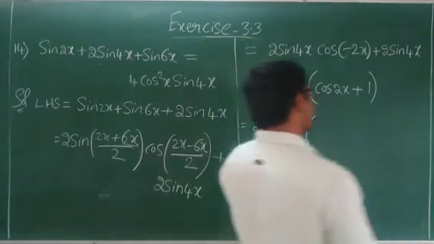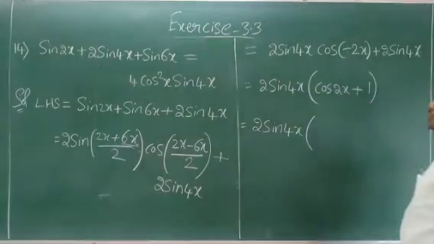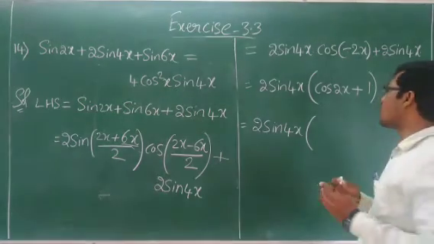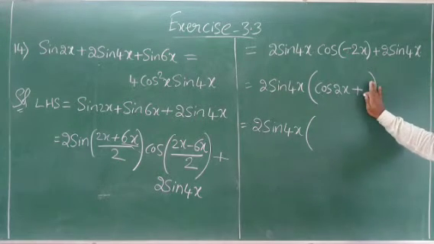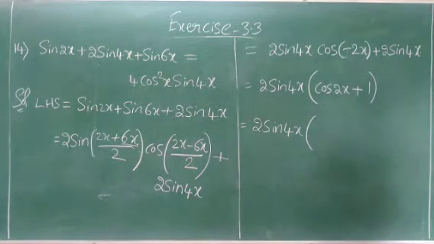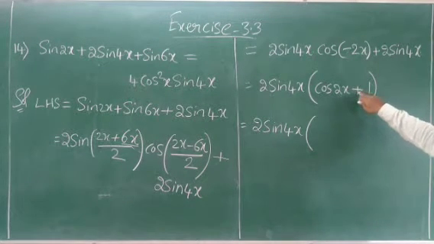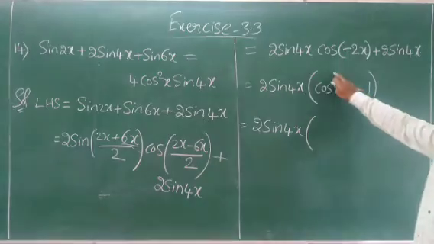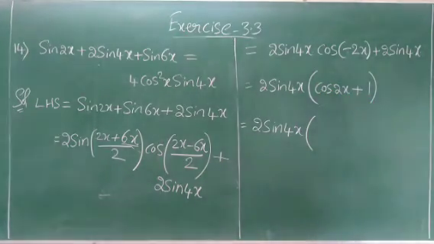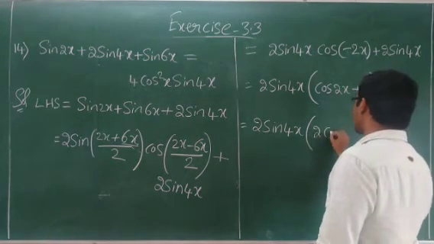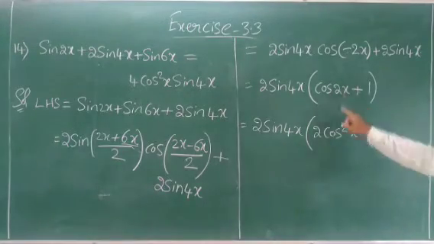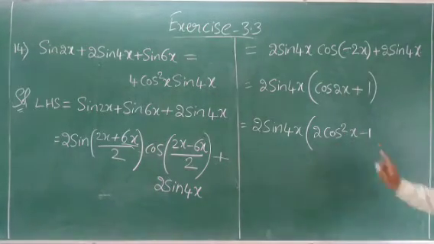Now as we have seen the formulas of cos 2x, as I told, cos 2x plus 1 is a dangerous combination, we should eliminate 1. How can we eliminate 1? Here we have plus 1, so use the formula of cos 2x where you get minus 1. So we can write cos 2x as 2 cos square x minus 1.